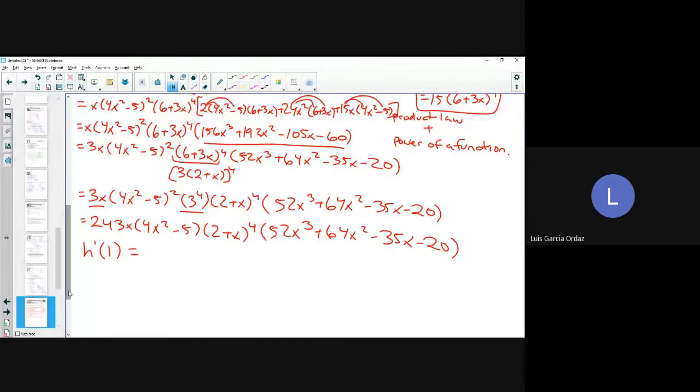So you guys can help me out. If I sub in 1 for all of my x values in the derivative, what is the derivative of h when x is equal to 1? Let's see if you guys don't mess up this calculation on your calculator.